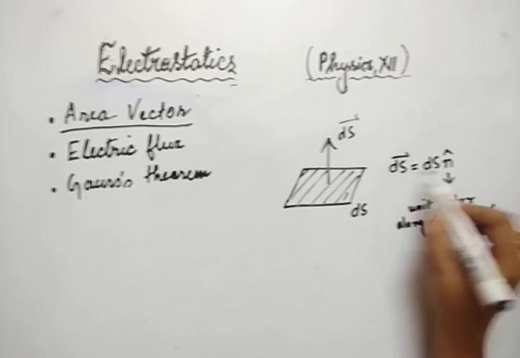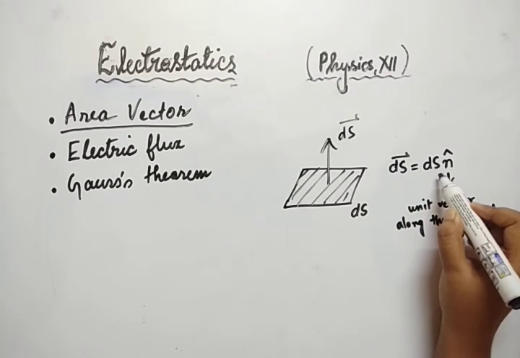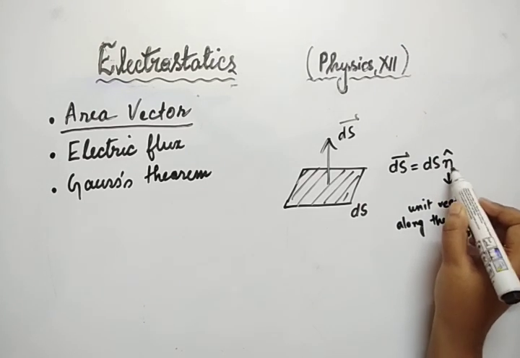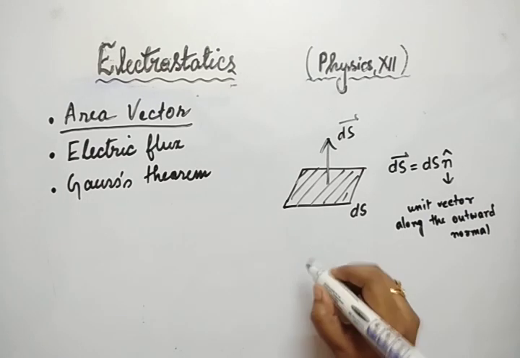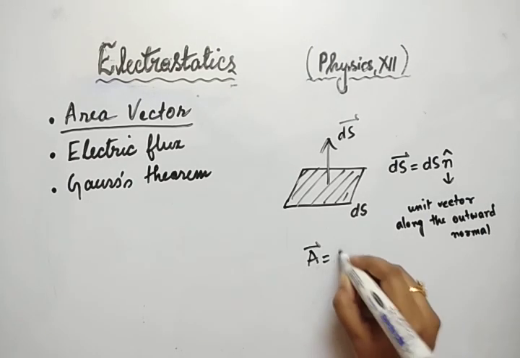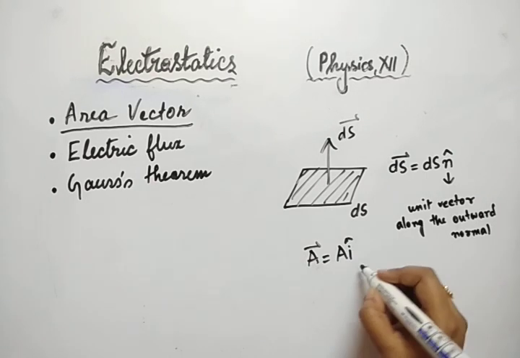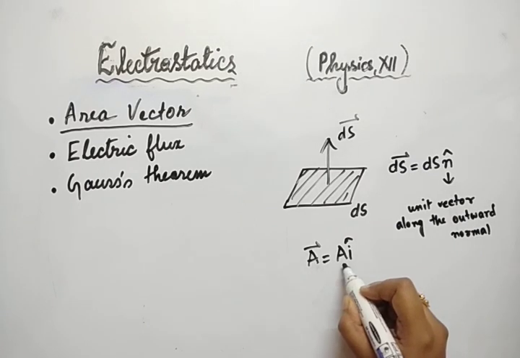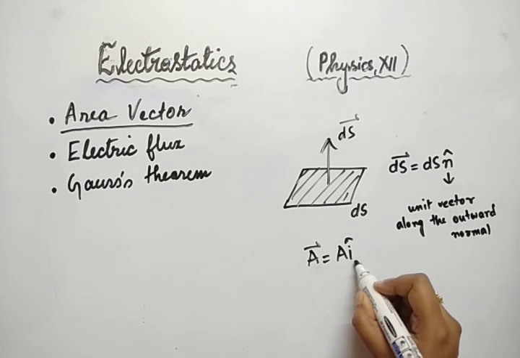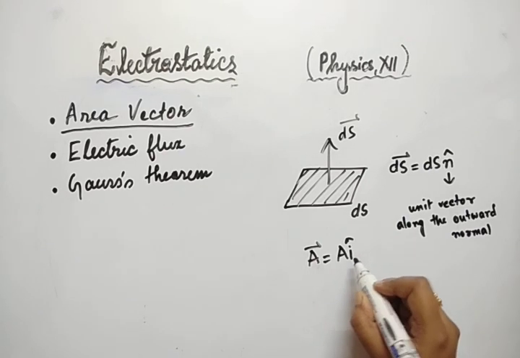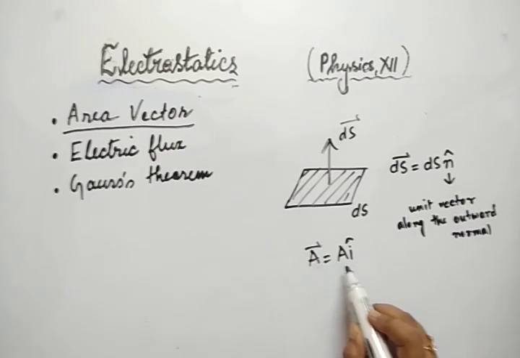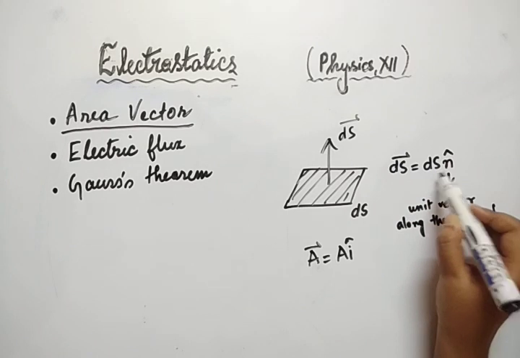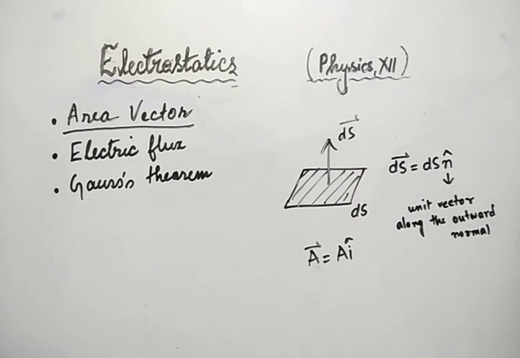So we can write a vector in this form also: its magnitude, and beside it the unit vector. Like if a vector a is written as a i cap, then the vector a has magnitude a in the x direction. If we compare this example with this, we can understand why it is written ds vector equals ds n cap.